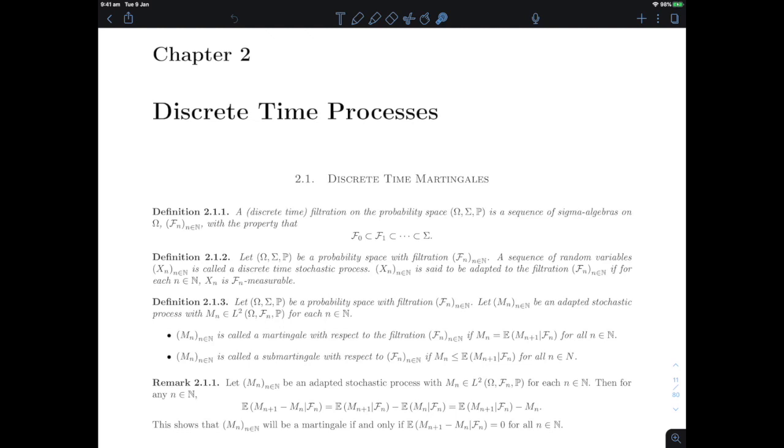So by being a martingale or variations thereof, our sequences or families of random variables will have very nice analytic properties. This probabilistic property in terms of conditional expectation of being a martingale will imply analytic properties such as convergence in L2. That will be the main result of our chapter.